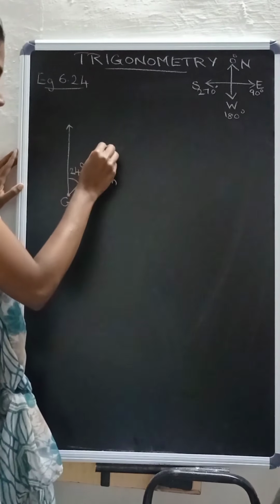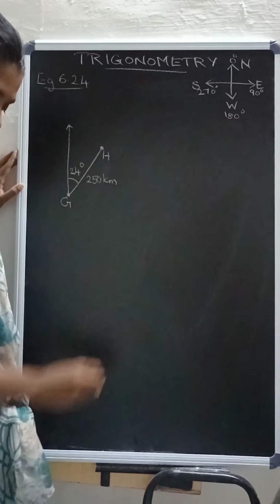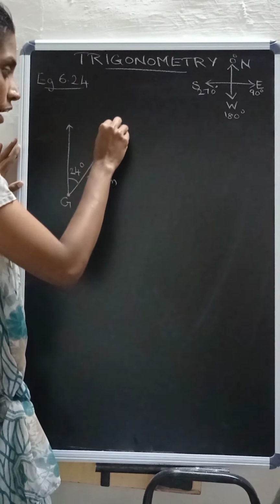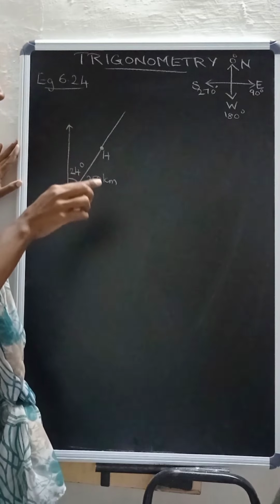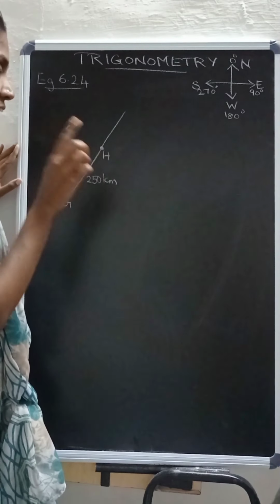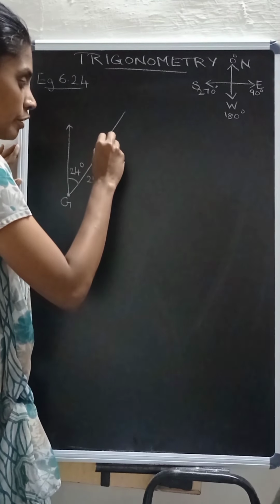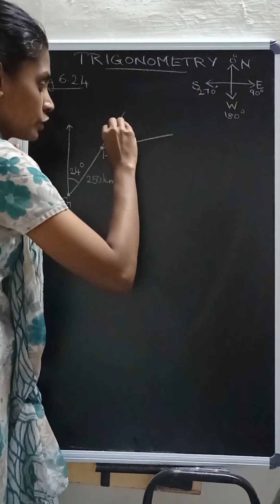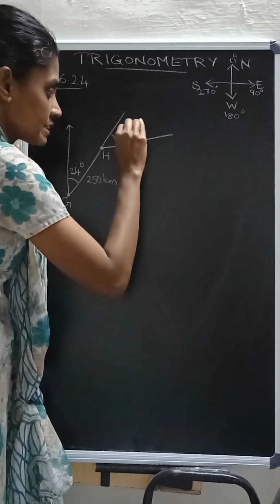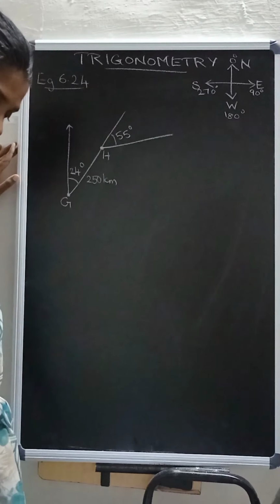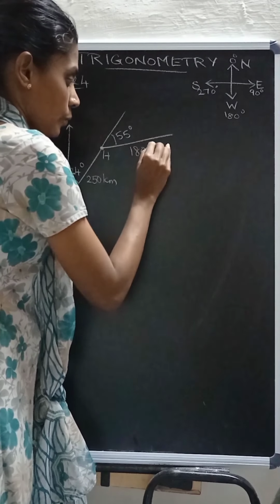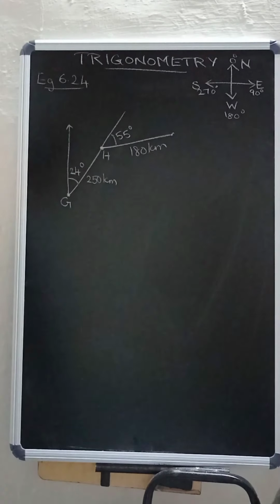At H, it changes course and heads towards J on a bearing of 55 degrees. So again, the word bearing denotes the direction. From here, in the clockwise direction it changes to 55 degrees, at a distance of 180 kilometers away.